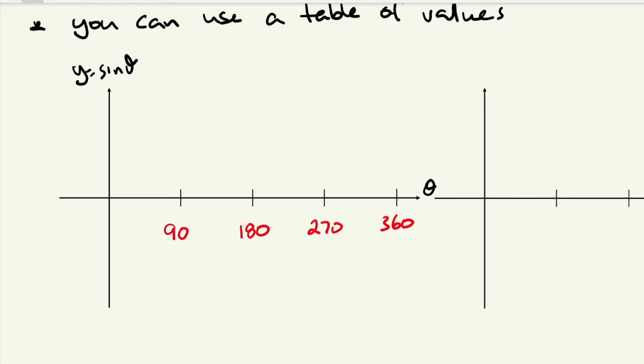So if I want theta equals 0, and I look at my unit circle, when theta equals 0, y will also equal 0. So sine theta will also equal 0. So I can put a dot right here for 0. Now I'm going to add in some y values here. Based on my unit circle, I'm going to go 1, and I'm going to go -1.